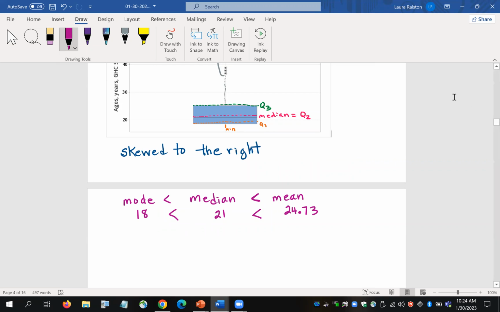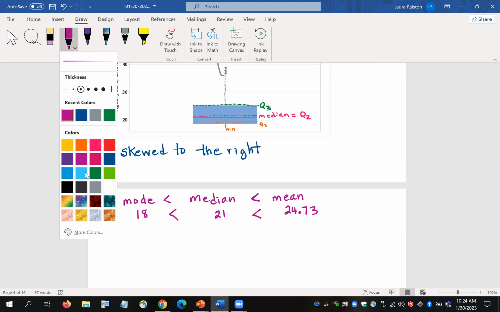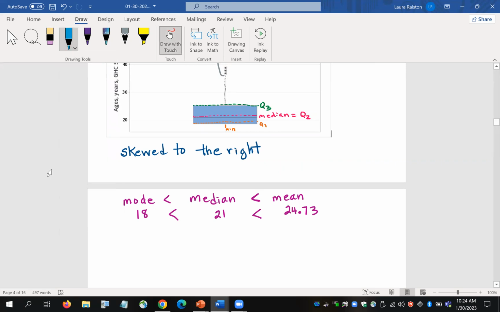So I can verify, confirm, prove beyond a shadow of a doubt that my distribution is skewed to the right.